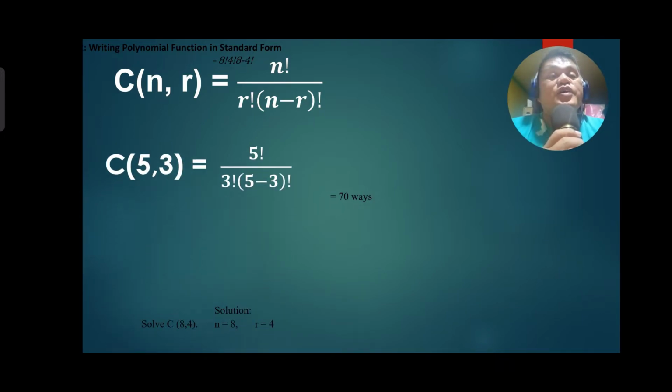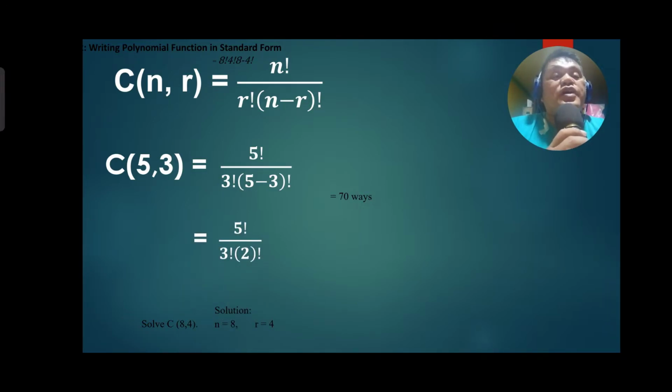So this time we are going to substitute the value of n. We have 5 girls, and r, the trio, is 3. So you have now 5 factorial over 3 factorial times quantity 5 minus 3 factorial. So I hope you are following.